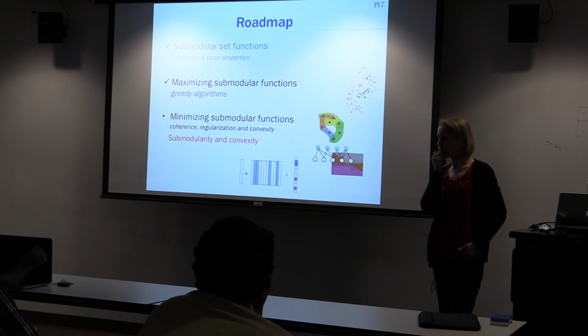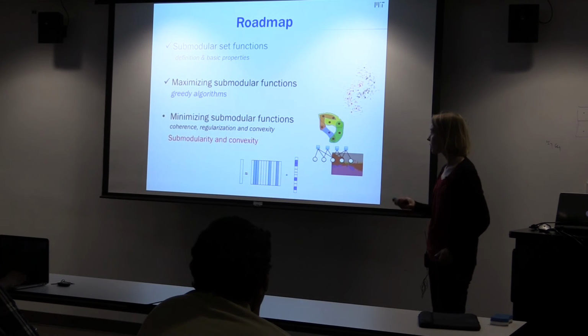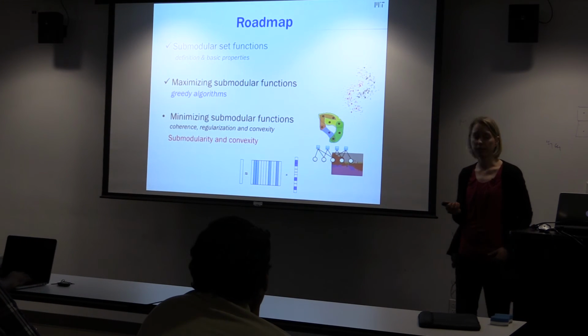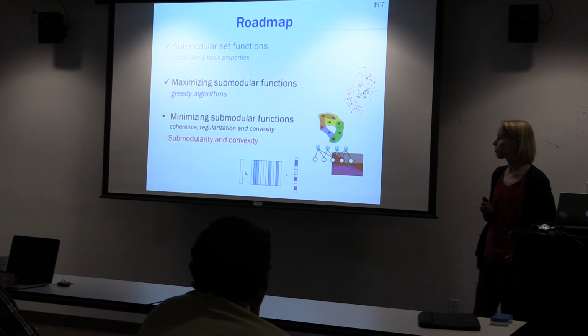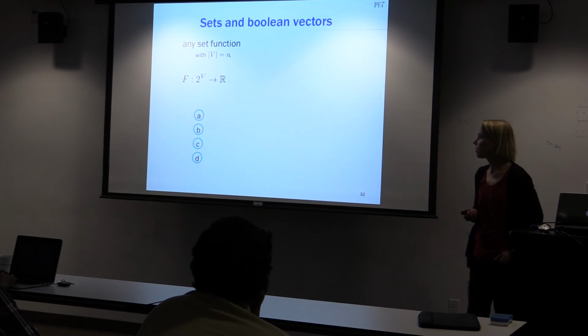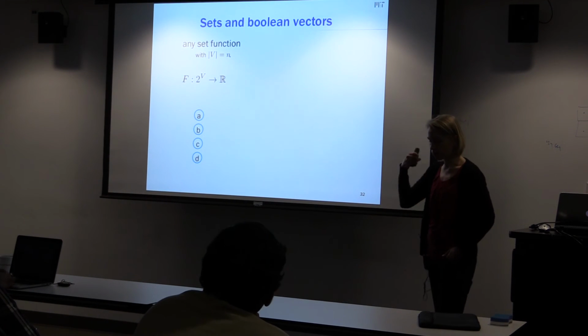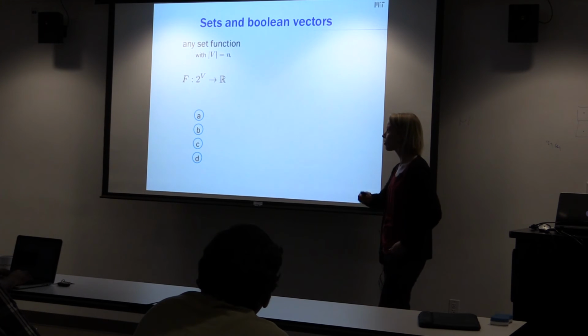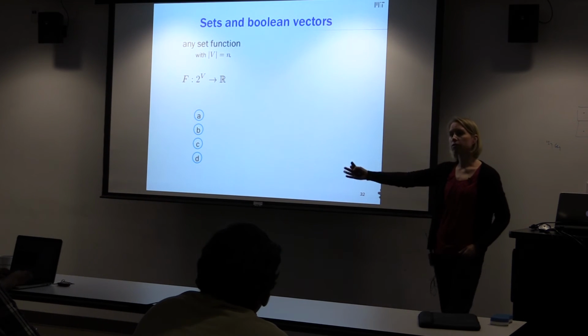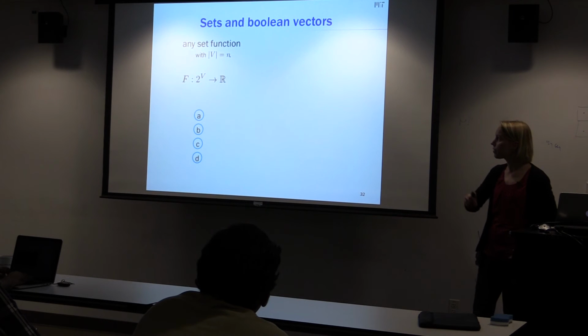So how do we do submodular minimization? Here we'll use the relations to convexity, and what we'll work with is a relaxation. We'll need to go from the world of subsets and discrete vectors to continuous vectors. And the analogy is pretty easy.